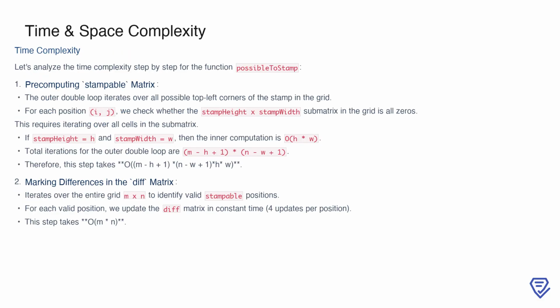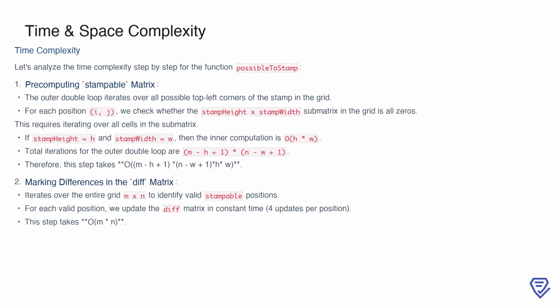We begin by analyzing the time complexity of the function possibleToStamp. The first step is pre-computing the stampable matrix. Here, we iterate over all possible top left corners of the stamp in the grid using an outer double loop. For each position i, j, we check if the stamp height x stamp width submatrix in the grid consists entirely of zeros.